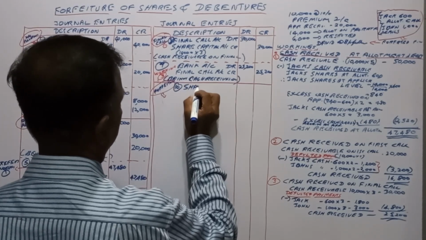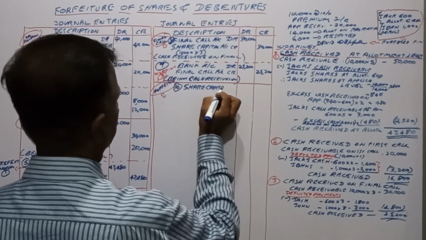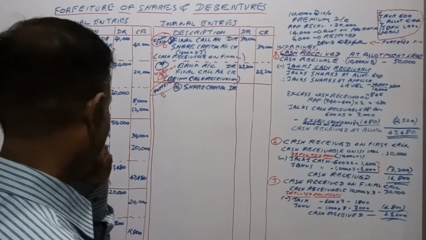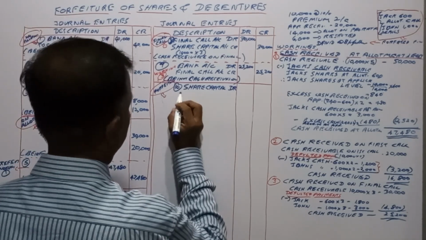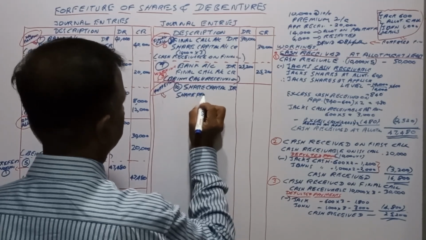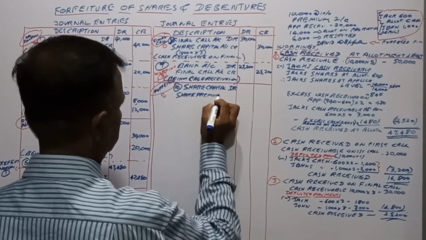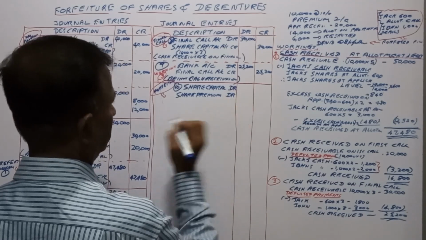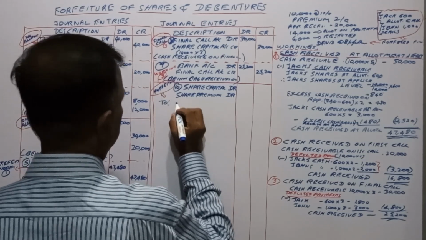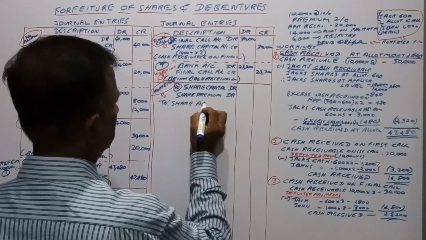Share premium account debit. And credit to share allotment.